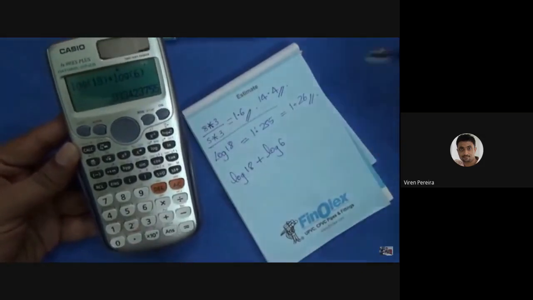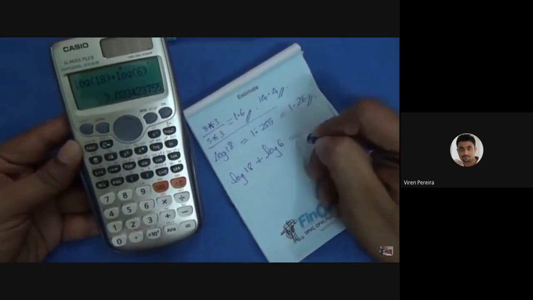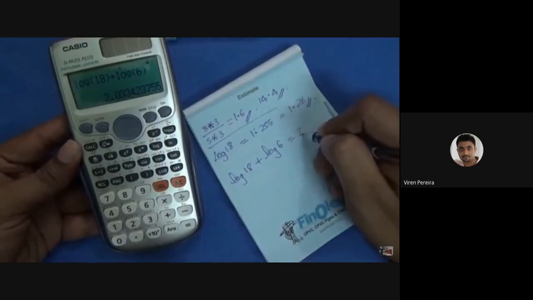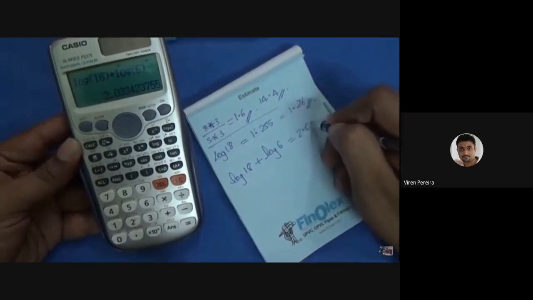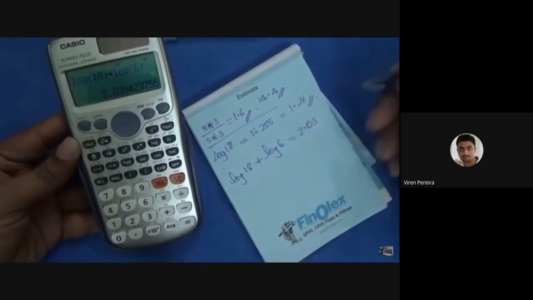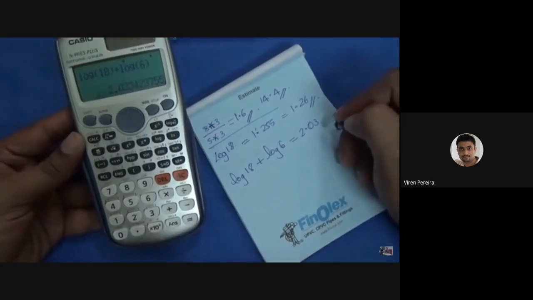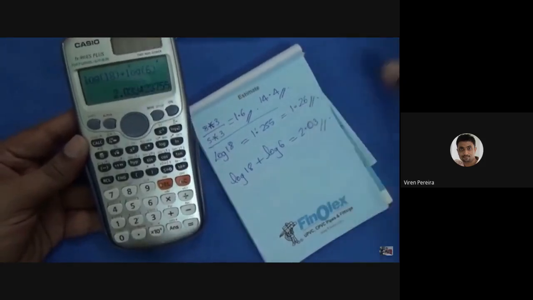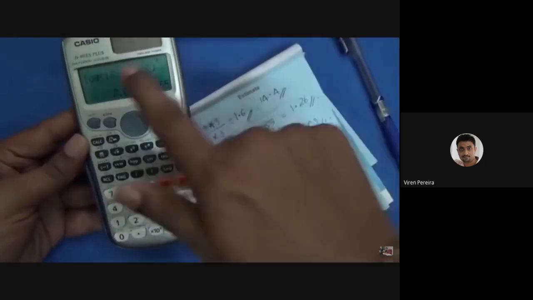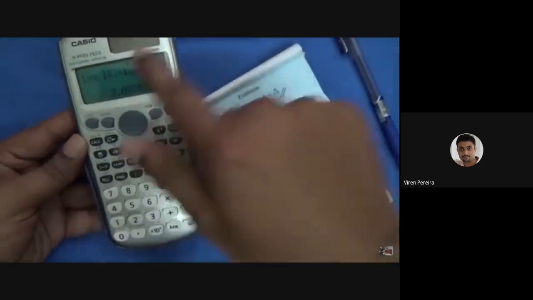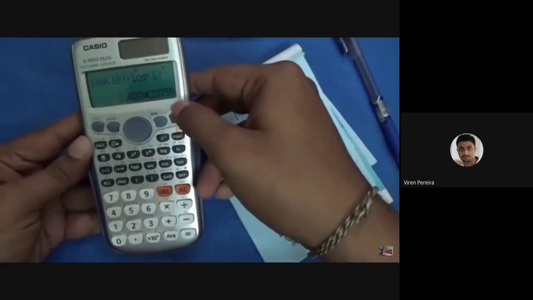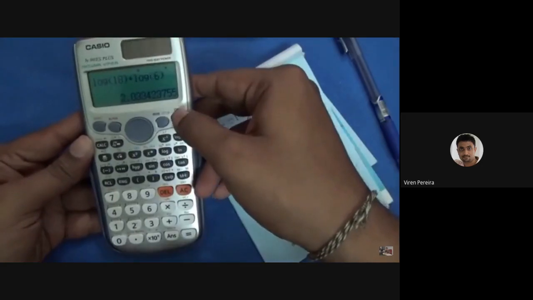Always don't mind to put that extra bracket into account. It may just waste 2 seconds of your time, but it will give you a correct answer and you will never go wrong. So always include your brackets. This is how you can find out your log values as well.